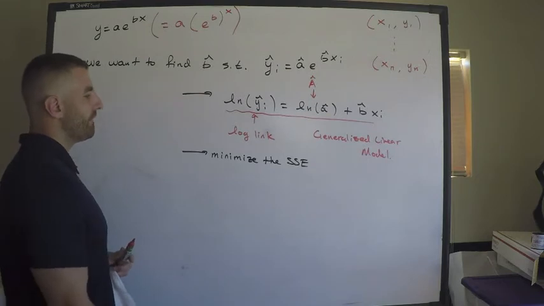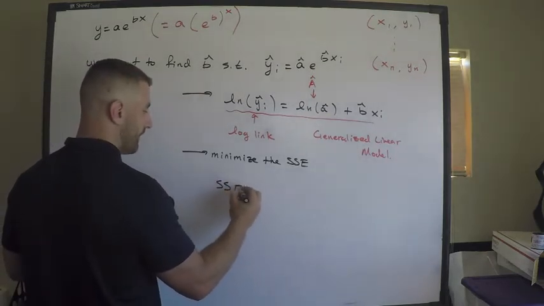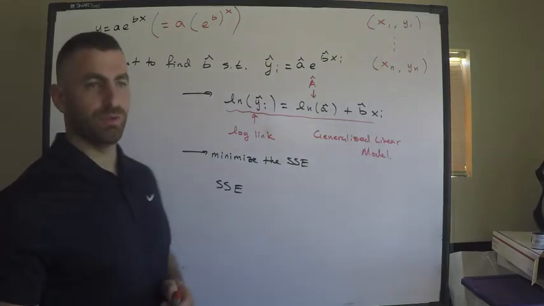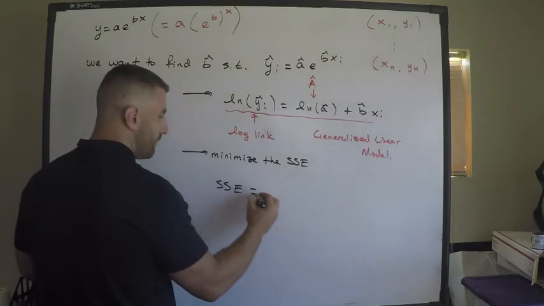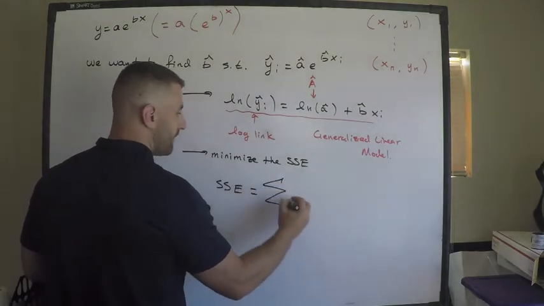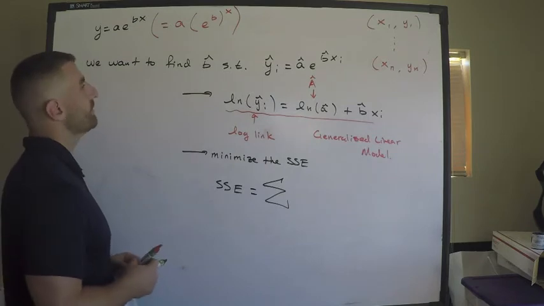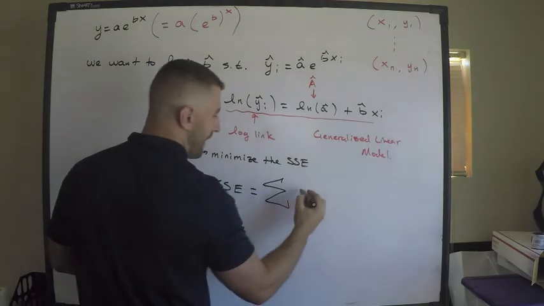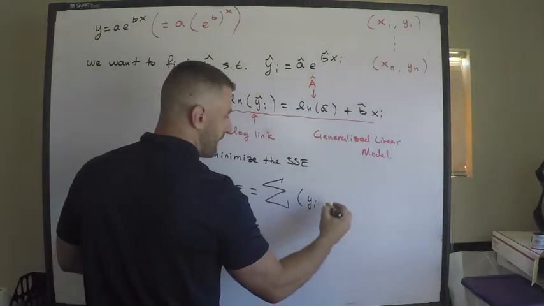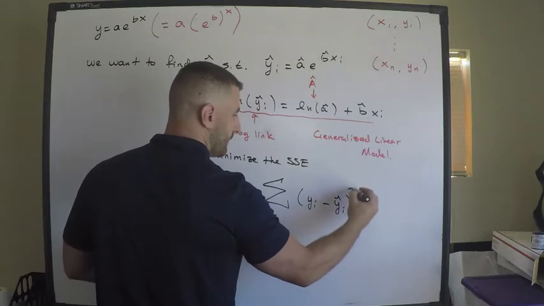The sum of squares error, aka the residual sum of squares, is what happens when I sum up all of my response variables, my yi's, which are really my observed values, and then I subtract off the predicted value, squared.